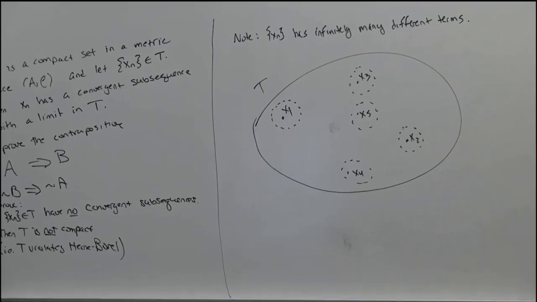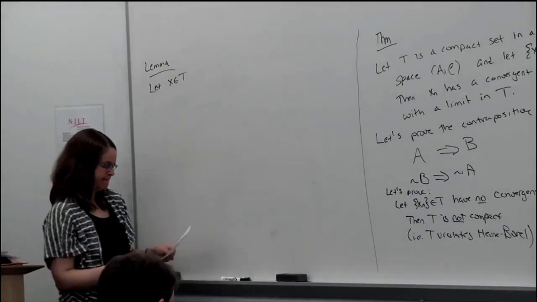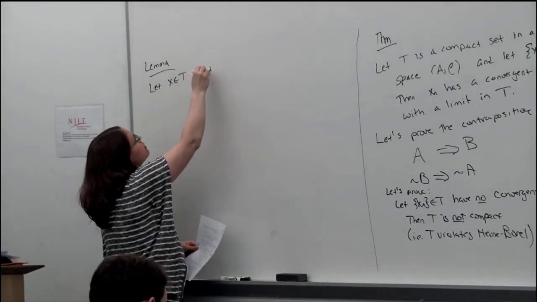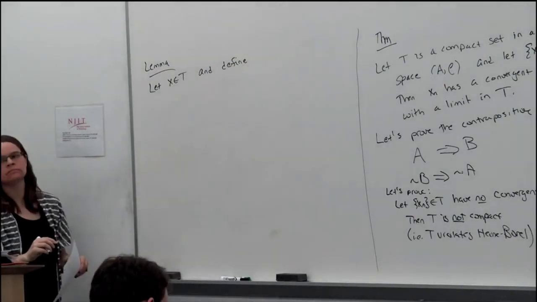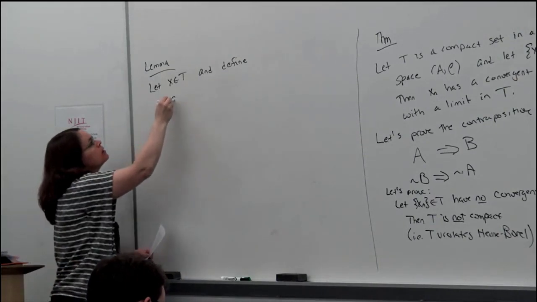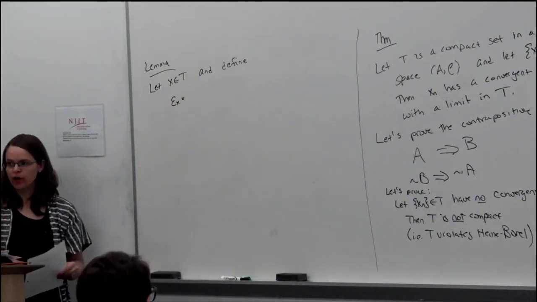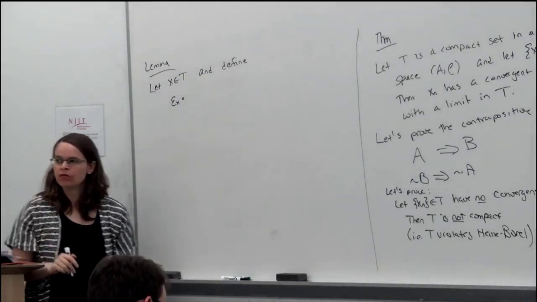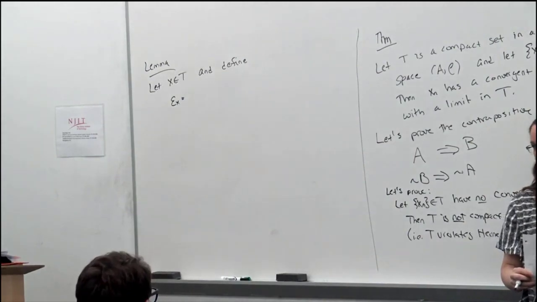So let X be a point in my set, and let's define epsilon X to be the radius of the ball I'm going to stick around each point. I need to cover not just the points in my sequence, I need to cover the whole set.